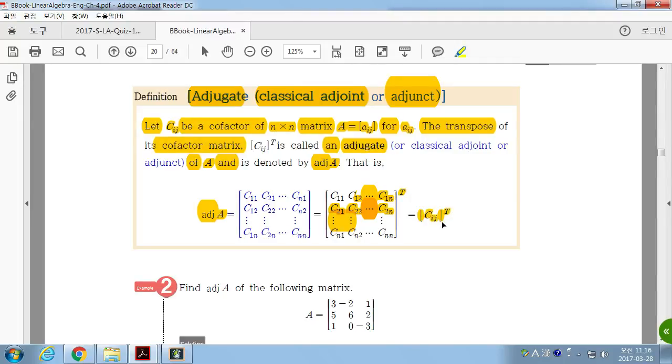Then C12 goes here, and C1n goes from here to here, because it's a transpose.